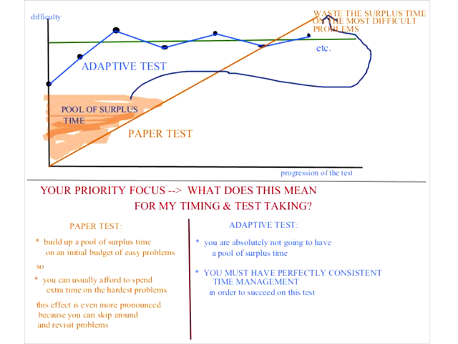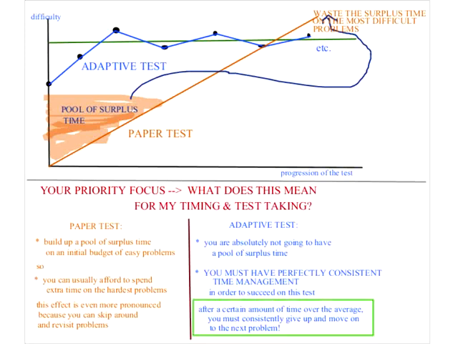Here you absolutely cannot. After a certain amount of time over the average, you must consistently give up and move on to the next problem. This is very easy to say. This is a very easy idea to put forward. It's a very easy idea to understand.